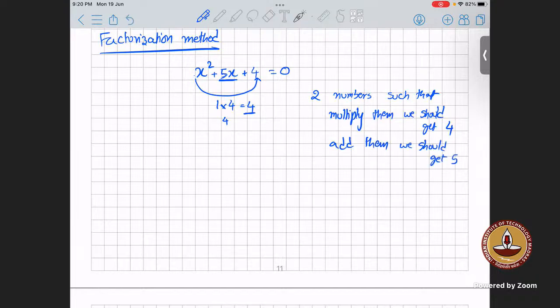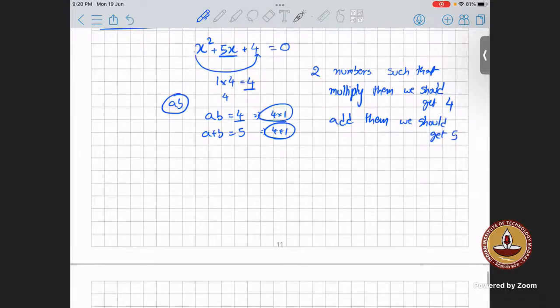That means select two numbers A and B, where A into B is equal to 4 and A plus B must be 5. How can you do that? Just do 4 into 1, and 4 plus 1. Everyone is understanding this?